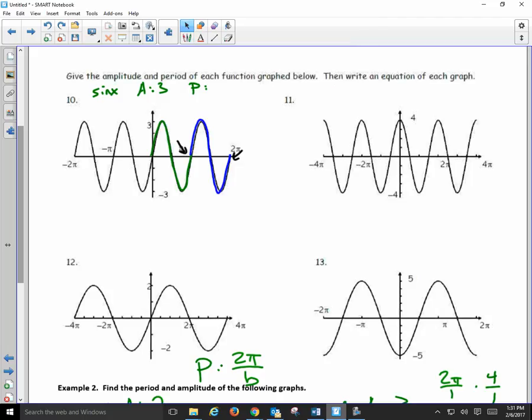That's all they're drawing of the graph. So how long does it take before it completes one cycle? Pi. Okay? And then within 2 pi, it completes how many cycles? It completes 2 cycles. Okay?